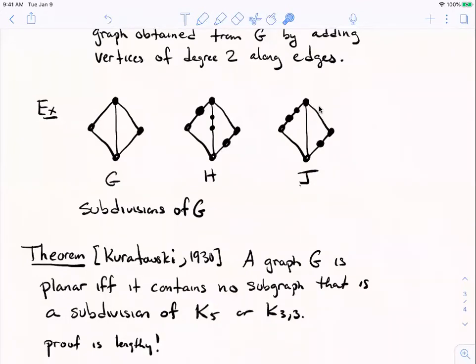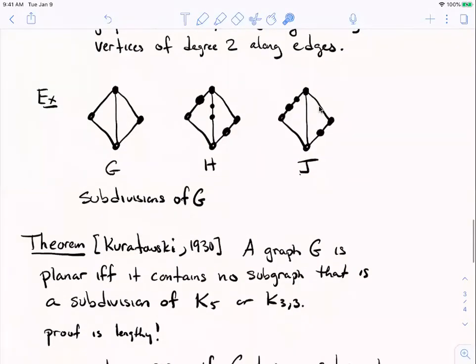If you give me a non-planar graph, just look at the contrapositive of this. If G is non-planar, then it must contain a subgraph that's isomorphic to a subdivision of one of those two things. So K5 and K33 are sort of the reason, again, allowing for subdivisions, that any graph is non-planar.